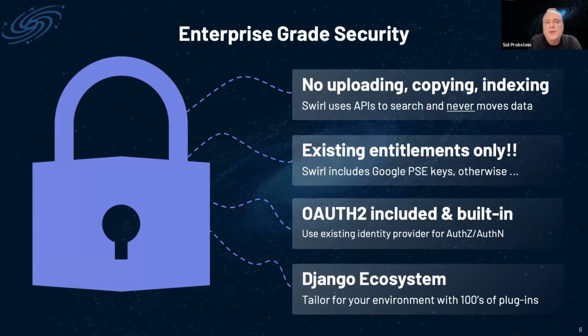So existing entitlements only. As of version 2.0, Swirl includes OAuth 2. It's built in. You can hook it up to your existing identity providers for all of the authorization and authentication you need. And last, Swirl is open source. Source code available under the Apache 2.0 license. It's built on the Django ecosystem, one of the most popular portals out there. You can easily tailor this for your environment with hundreds of plugins.